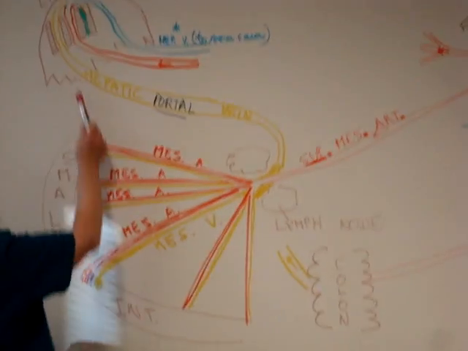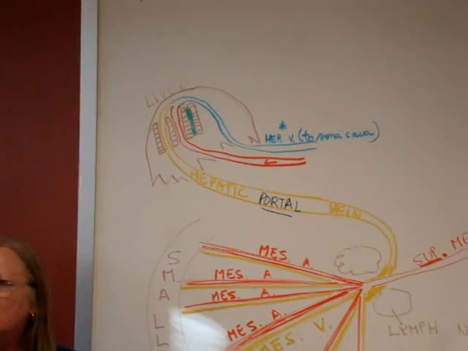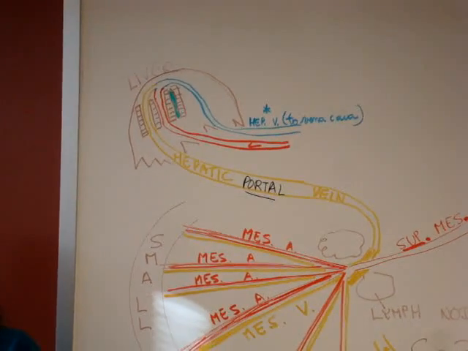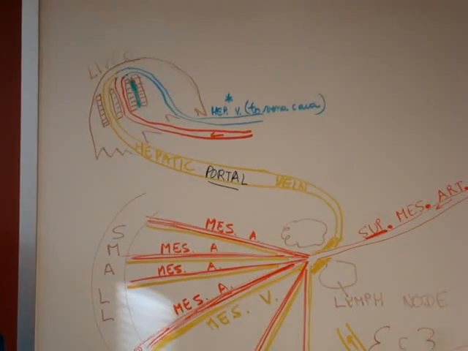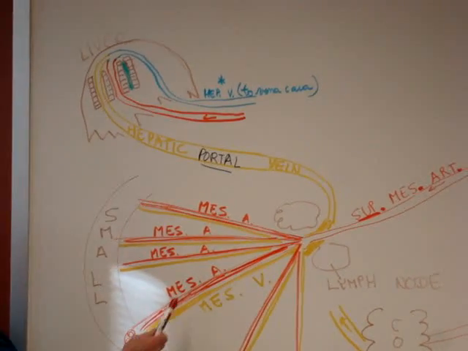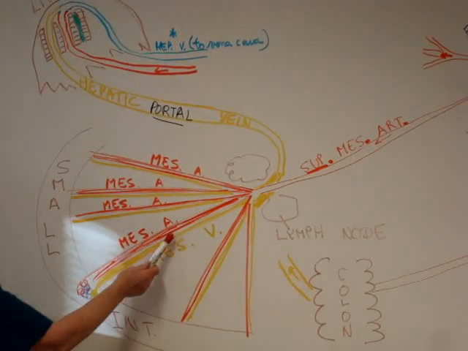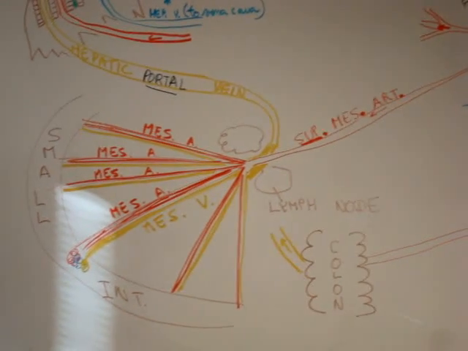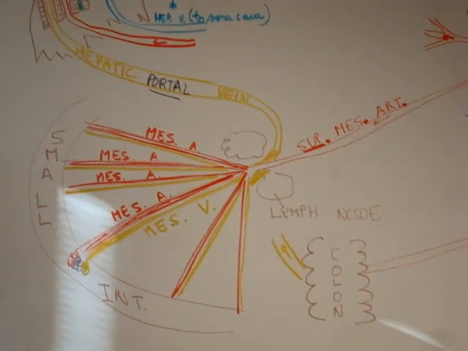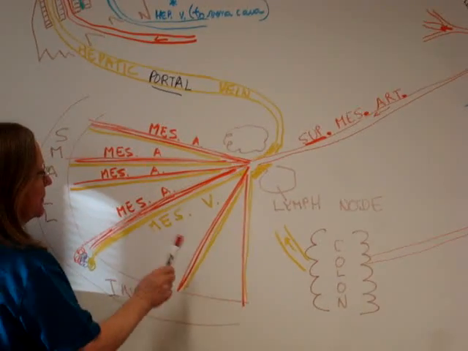And the deal is, the other day I mentioned that the liver has plates of cells called hepatocytes. And in between these walls of cells is a space called a sinus. And so the yucky blood coming from the small intestine would be probably high in sugar. If I had my filet mignon or my prime rib and ate too much of it, it would be high in amino acids, high in fats.